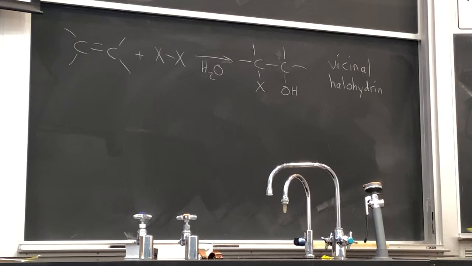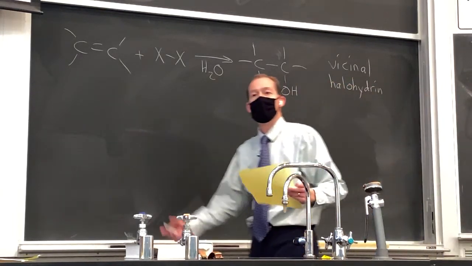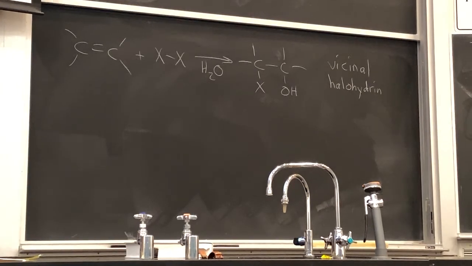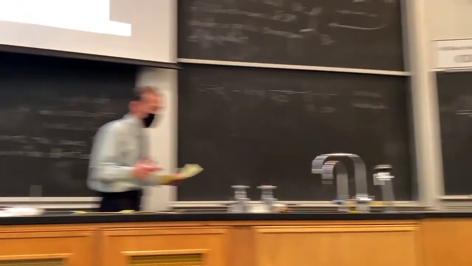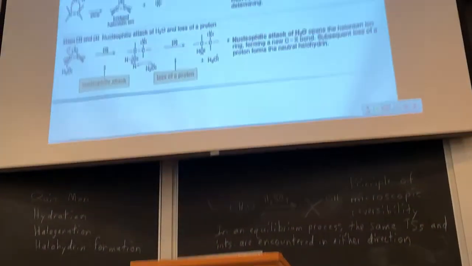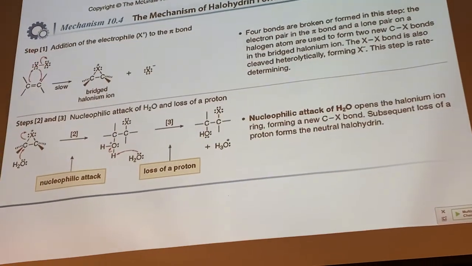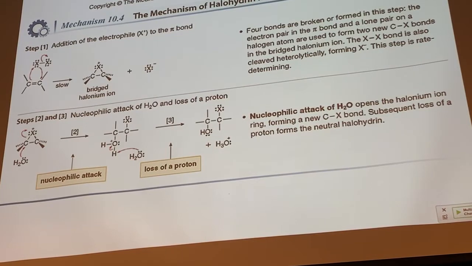So this reaction is similar in mechanism to the halogenation. So we're going to look at it on the screen and just point out the differences. Step 1 is going to be the same. Our alkene is going to react with our halogen molecule, chlorine or bromine, in the slow step to generate a bridged halonium ion as well as a halide ion. Step 2 is going to be different.